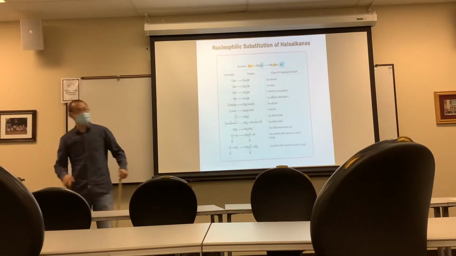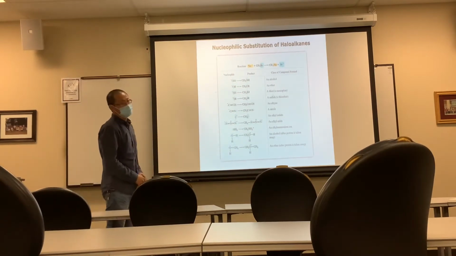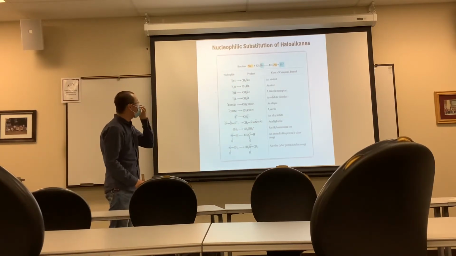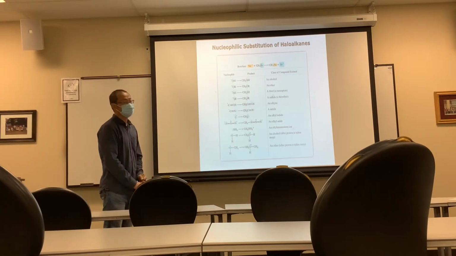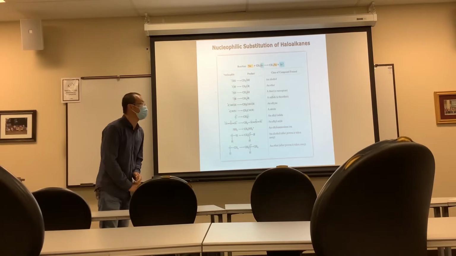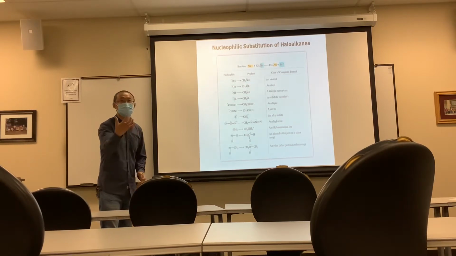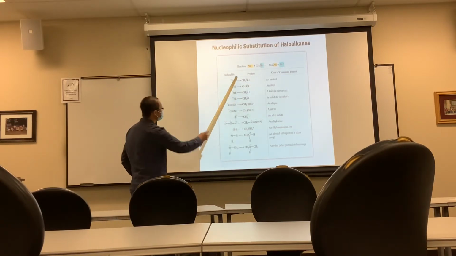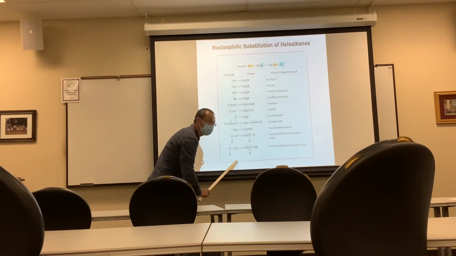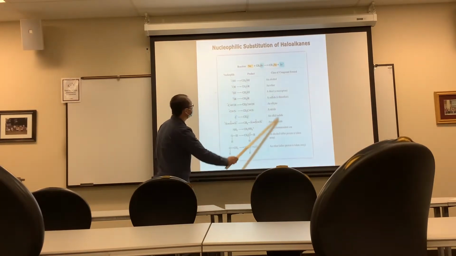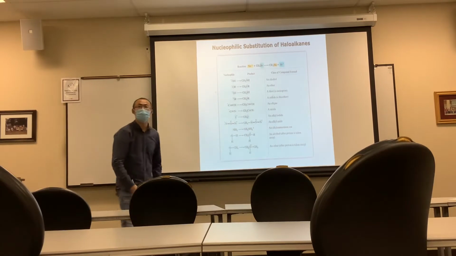Now, this chart shows you if I simply use an alkyl bromide as the electrophile, or as the substrate, and if I use all kinds of nucleophiles, I can build up all different types of organic compounds.